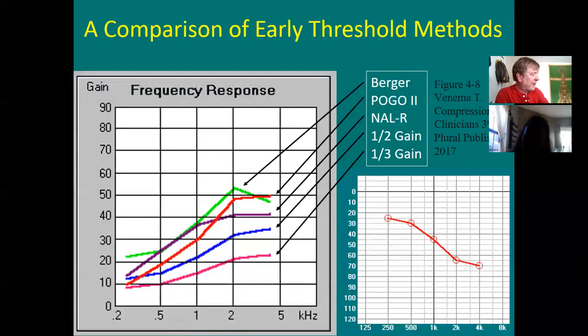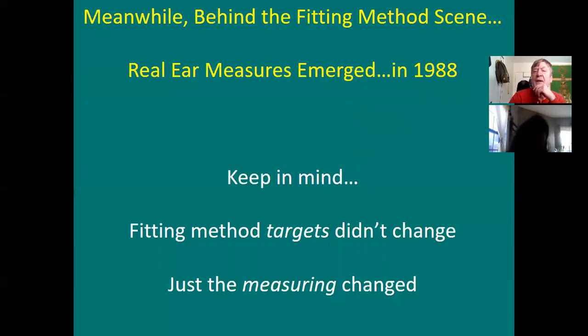It has to be this particular version. And read chapter 4. And I'm really sorry, but you're going to hear my voice when you read chapter 4 because I'm talking right out of the book here. That's the coverage of the early fitting methods.